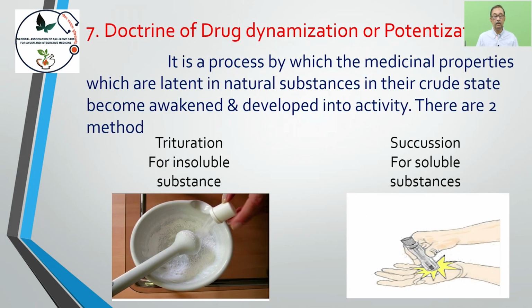The seventh law, the doctrine of drug dynamization or potentiation. It is a process by which the medicinal properties which are latent in natural substances in their crude state become awakened and developed into activity. There are two methods: trituration for insoluble substances, succussion for soluble substances.